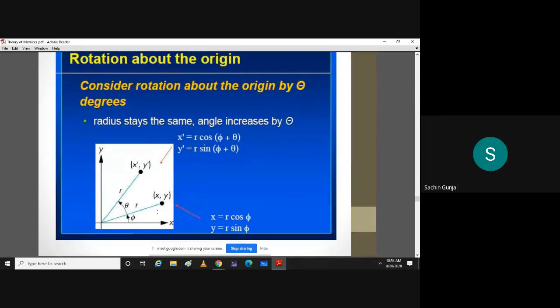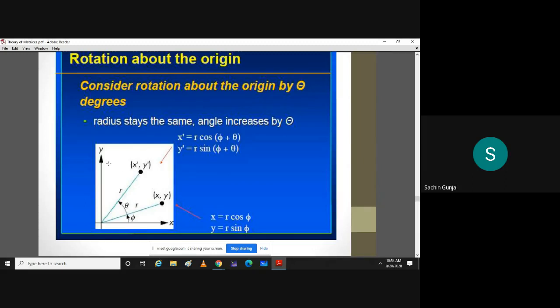If it is rotated by an angle theta additionally, the resulting vector is x dash comma y dash, and our target is to find out the x dash and y dash coordinates.